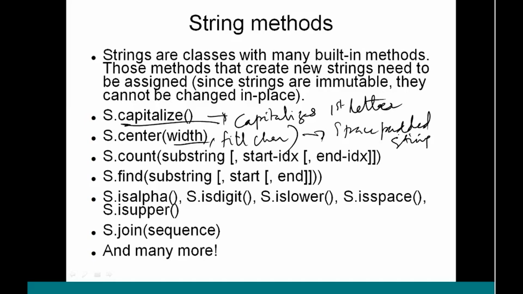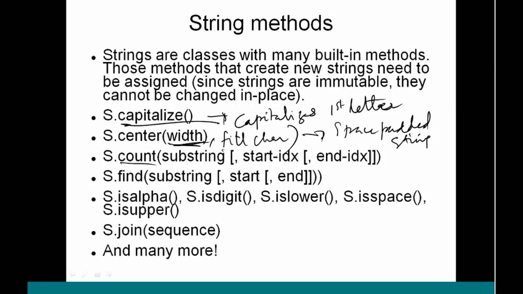Whatever width we specify, and we can specify these fill characters. If you don't specify, it is a space. Otherwise, it can fill with whatever that is. It expands the string and puts those fill characters around it to fill the width essentially. So this is another nifty command.